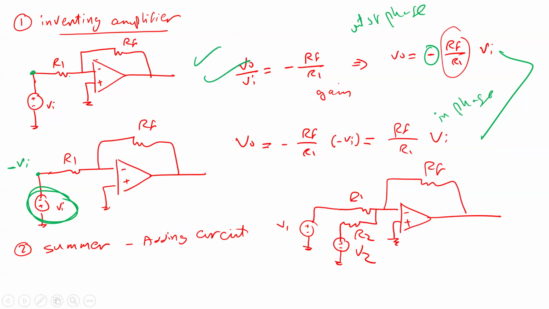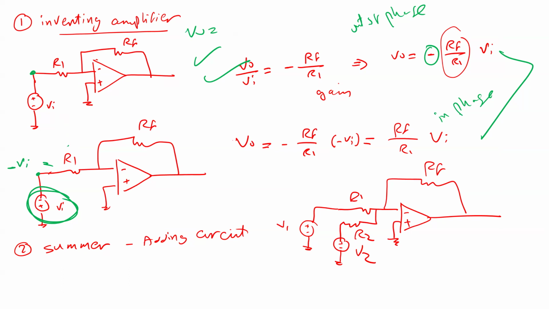All I did is add one more input here, a resistance, and one more input. This way, the output is going to be a function of the summation of the two inputs. The output equals something multiplied by the summation of the two inputs. If you need, you can add more. Here I will show you an example for two, but you can extend the circuit to add more if you want.